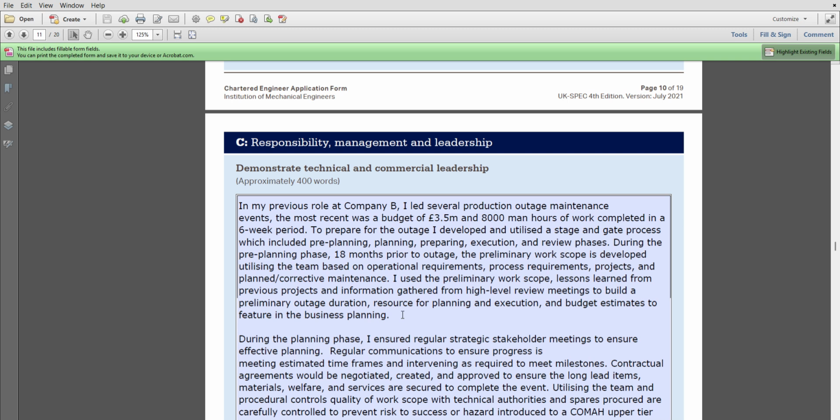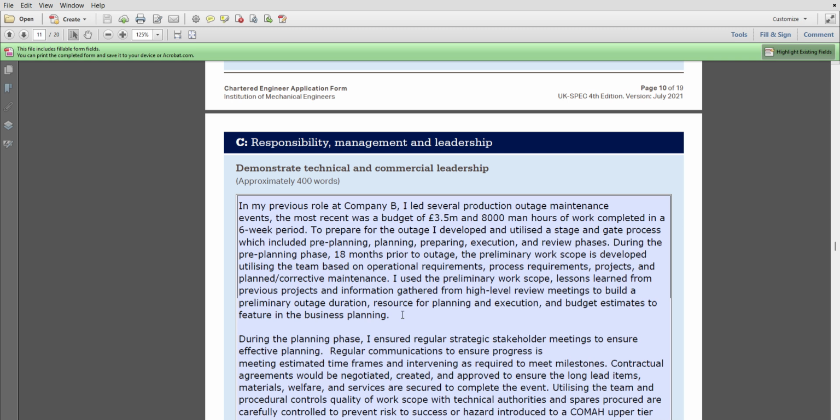To prepare for the outage, I developed and utilized a stage and gate process which included pre-planning, planning, preparing, execution, and review phases. During the pre-planning phase, 18 months prior to the outage, the preliminary work scope was developed using the team based on operational requirements, process requirements, projects, and planned or corrective maintenance.